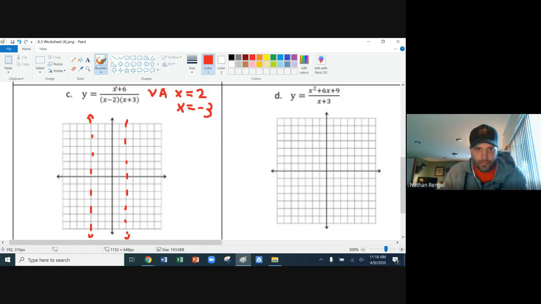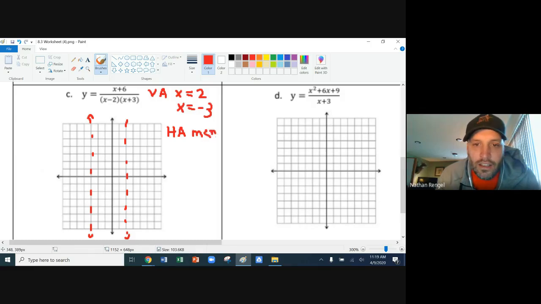Next thing, I'll look for my horizontal asymptotes. So here I've got a degree of 1 up in my numerator. And I got to be careful down here. If I FOILed these out, what degree would those multiply to? Those would be quadratic. So I'm going to have a horizontal asymptote. Since m is less than n, horizontal asymptote is y equals 0.